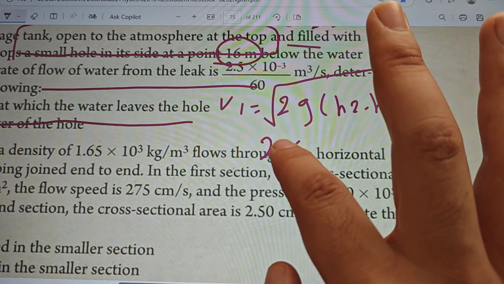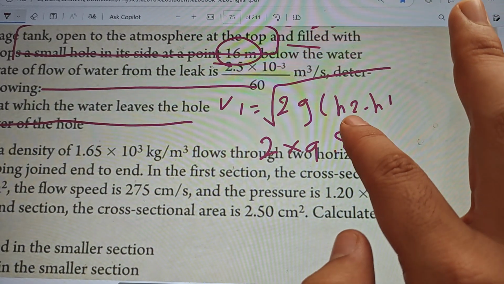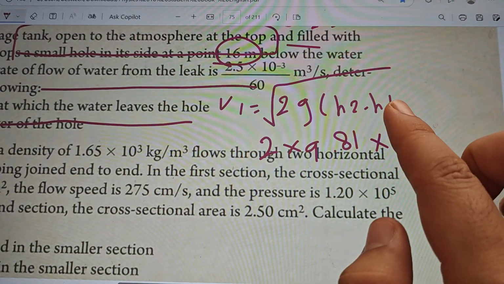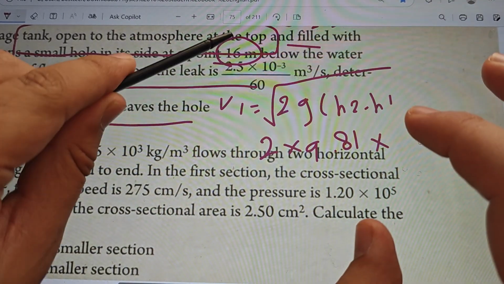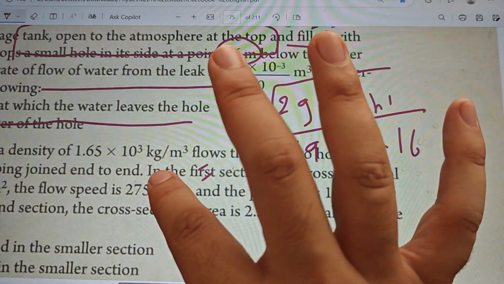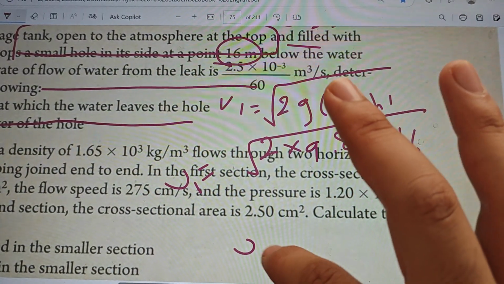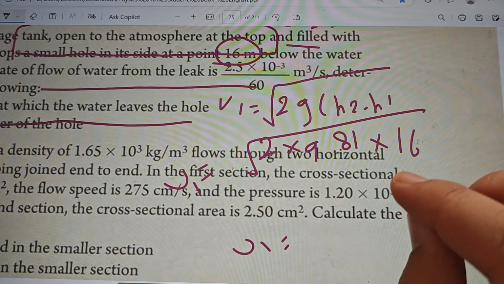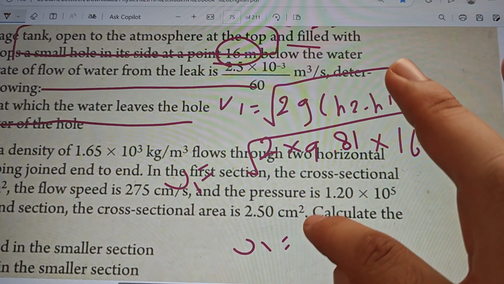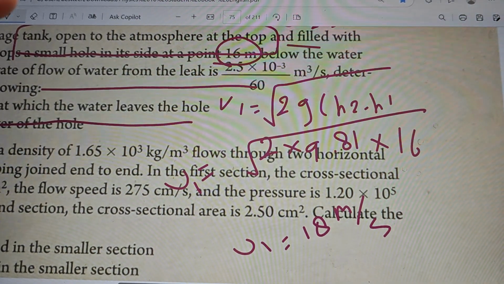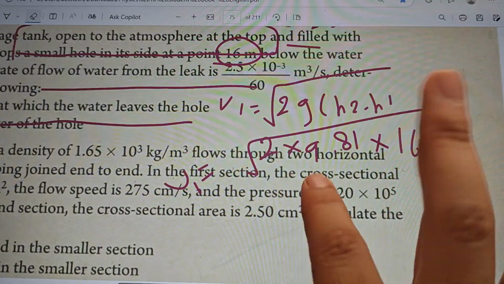And 2 times 9.81 times the value, as I told you like the previous question, h2 minus h1, both of them, the answer is 16 meters. So multiply both of them and take the square root. So the first speed is equal to 80 meters per second. So this is the answer of part A. Okay.